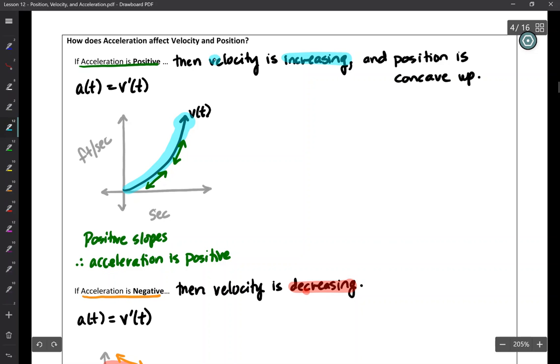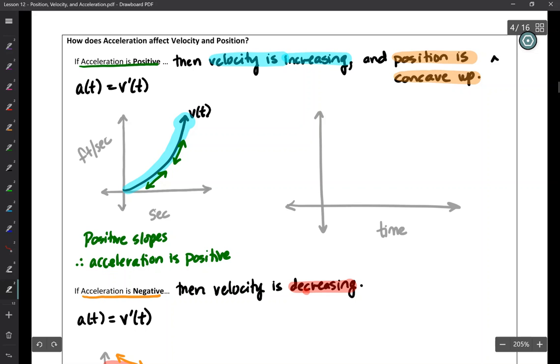Velocity is increasing, position is concave up. Concave up looks like part of a cup opening up like that. Let's draw a sketch. So I'm graphing my position curve now, looking at time, like seconds, and distance units, like feet. And here, my position function is concave up.